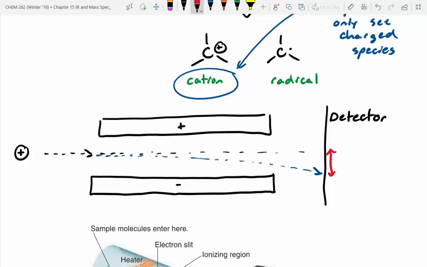That's really important for mass spec. What do you think can impact that distance of deflection? Anybody have any ideas? Yeah, whether or not it has 2 positive charges or just 1, absolutely. What's another big thing that can impact it? The size of it, how heavy it is, right? A really light molecule is easier to deflect than a really heavy molecule. So it's essentially used to study the charge to mass ratio.